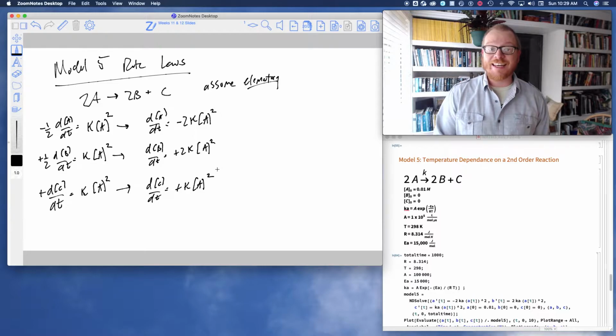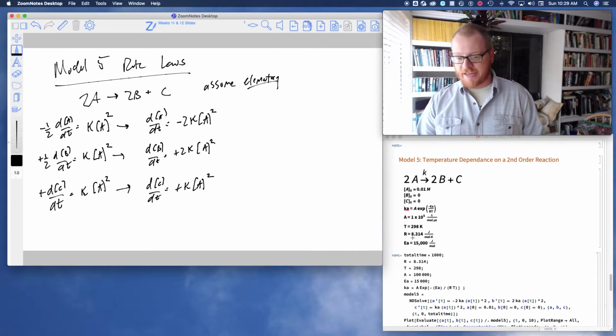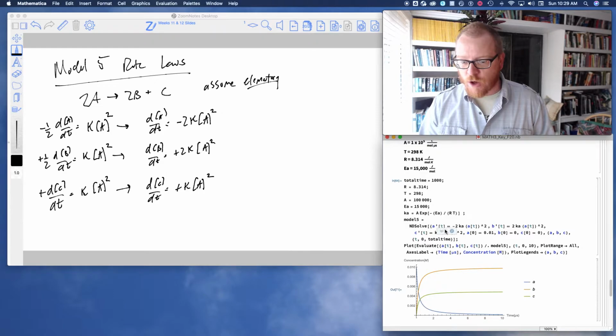So what we can see is A and B will be produced at a rate that's twice as great as C. And that's what I did right here in the NDSolve portion of my model. Look, there's A'(t) equals negative 2 K A squared, B' equals 2 times K times A squared.